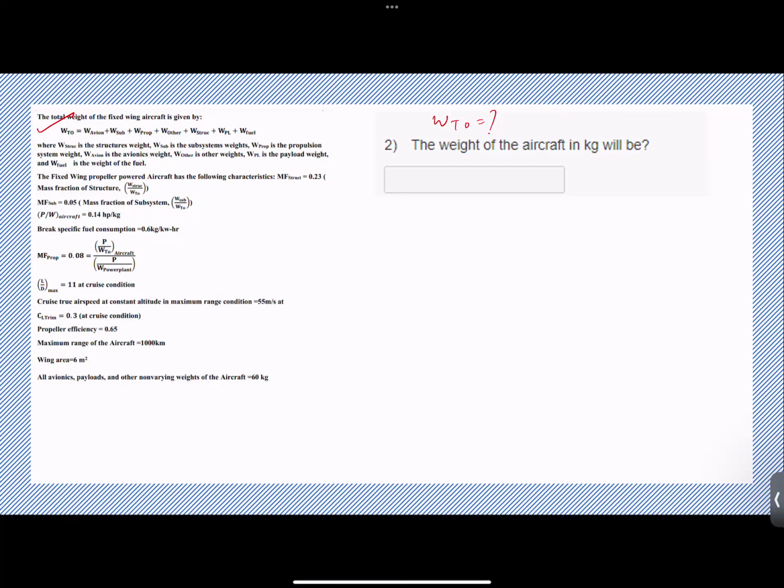How will we do this? So let's try doing it. So I write down that first equation.